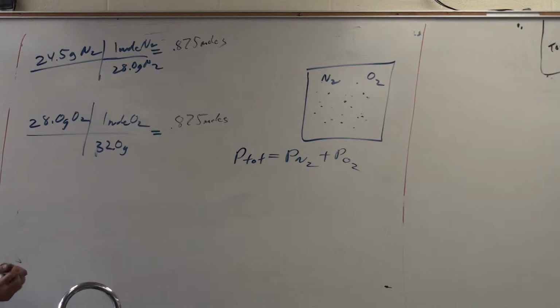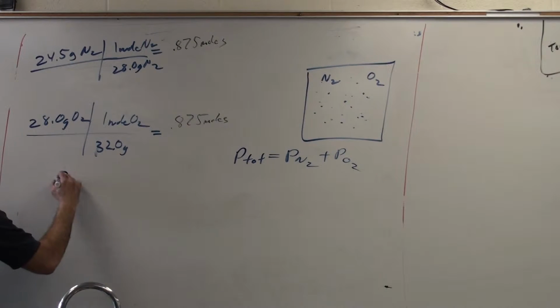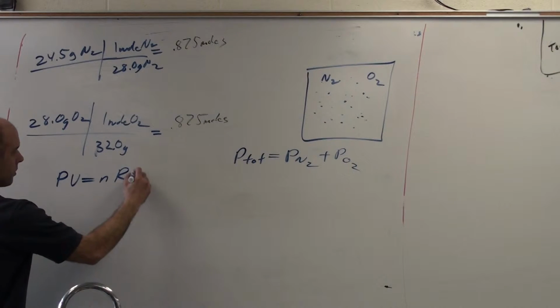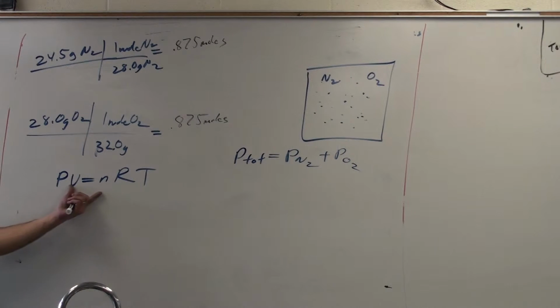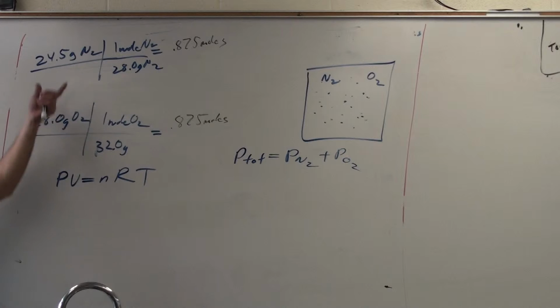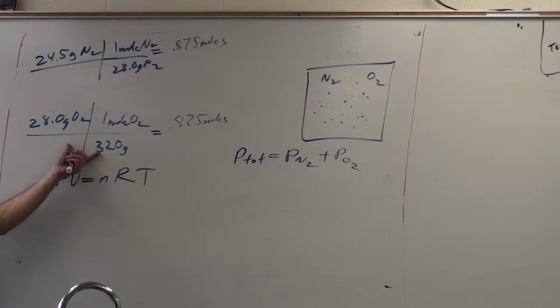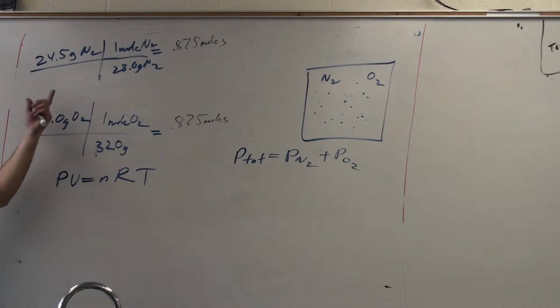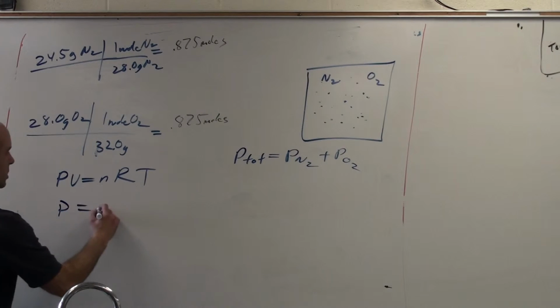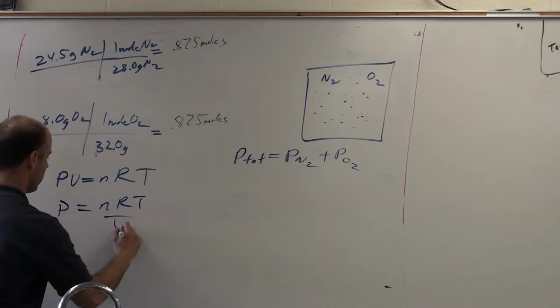We can calculate the pressure using PV equals nRT. Now you wouldn't do this separately for each of these, because we could just do it for one of them because the pressure will be the same, because of the ideal gas equation. So P is equal to nRT over V.